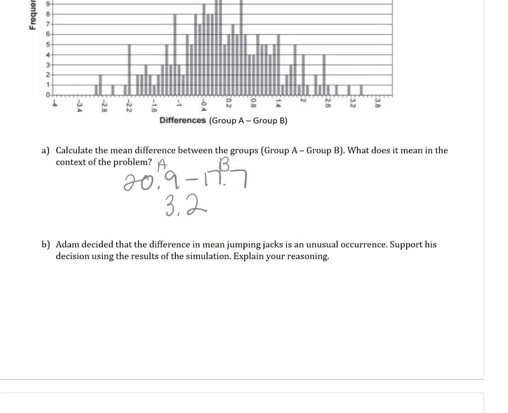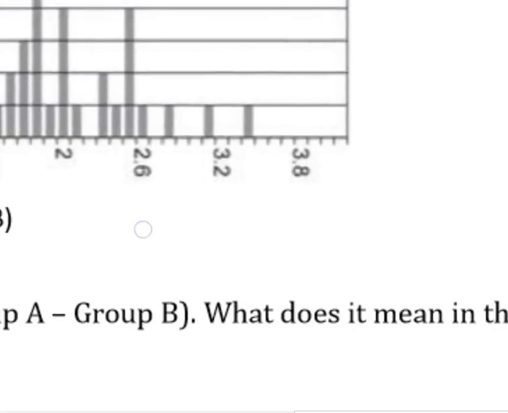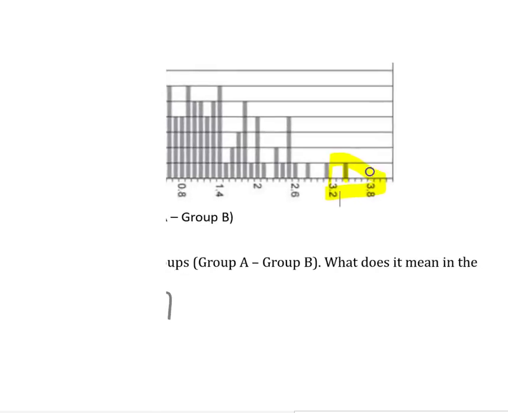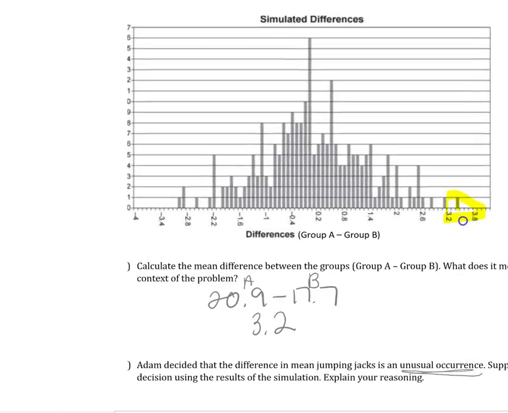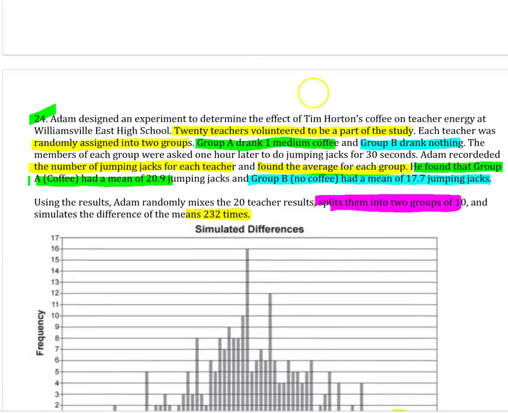Adam decided that the difference in mean jumping jacks is an unusual occurrence. Support his decision using results of the simulation. Explain your reasoning. Okay, so if I come here, zoom in, 3.2 would be right in here. There's nothing there, but 3.2 or more extreme is that bar right there. Okay, according to my scale, that counts as a 1.